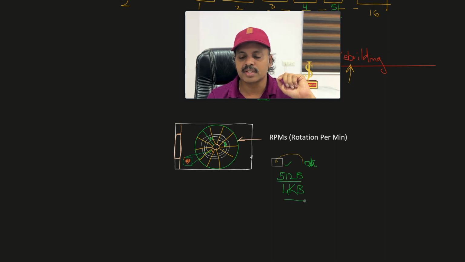Sector size I am talking about. In some systems, a series of sectors, let's say sector 1, sector 2, sector 3, if you consider multiple sectors together, they can be called a cluster. Cluster generally means a group of resources. Here, sectors as a group are your cluster.